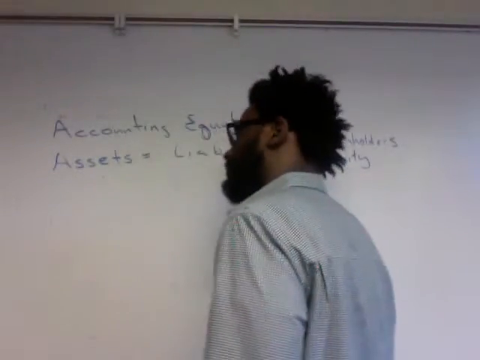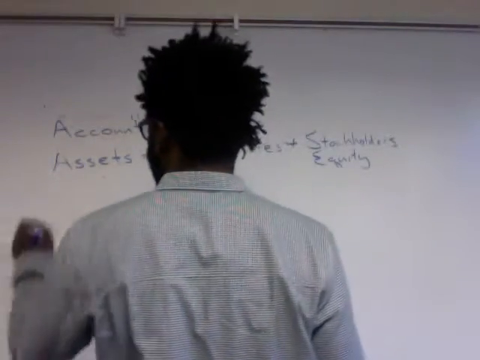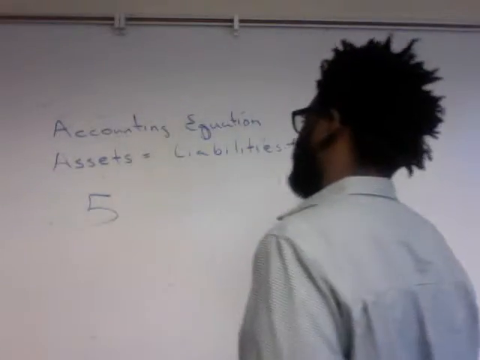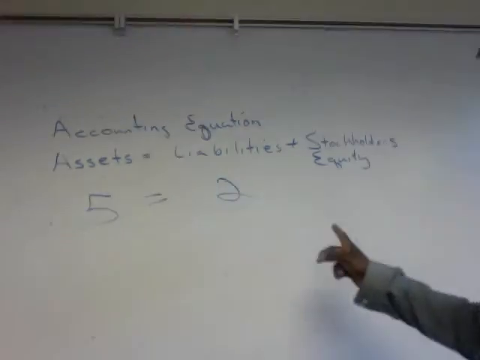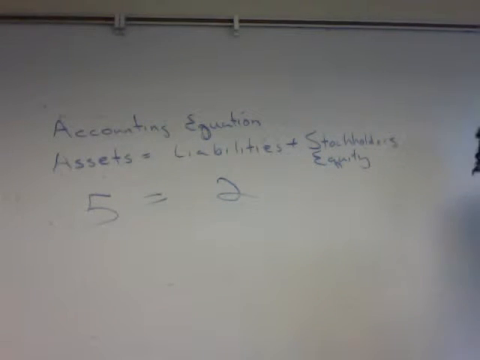So, if we would apply some values to these, let's say assets are 5, and let's say that our liabilities were 2. Obviously, we know that our stockholders' equity value has to be what?